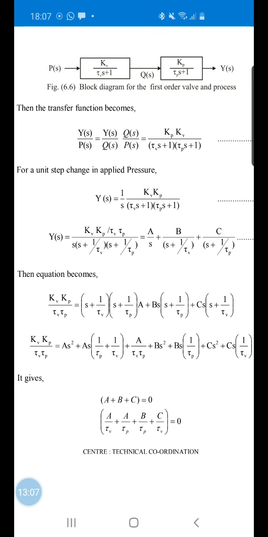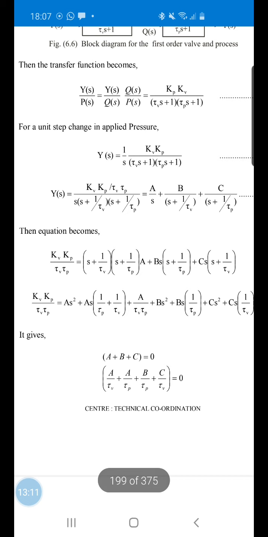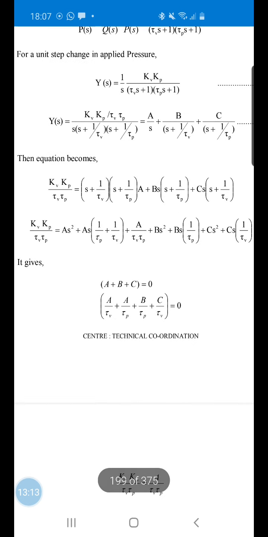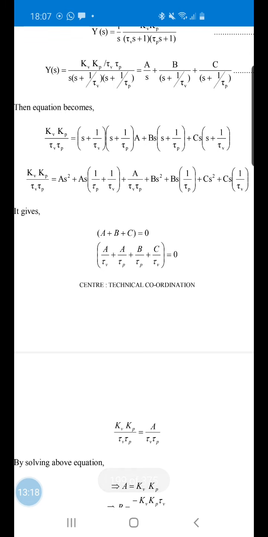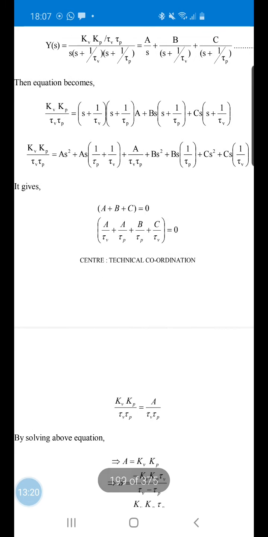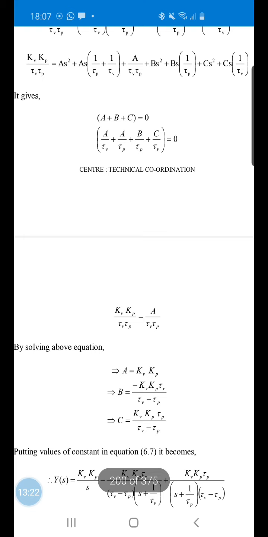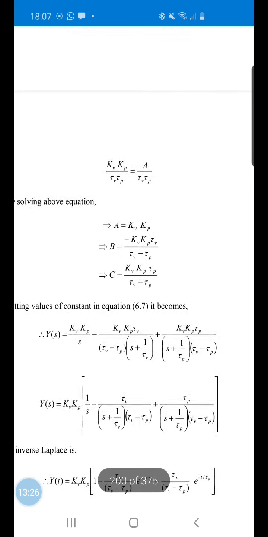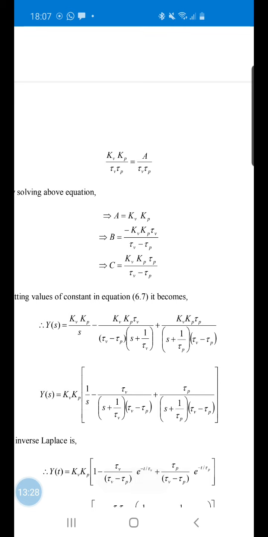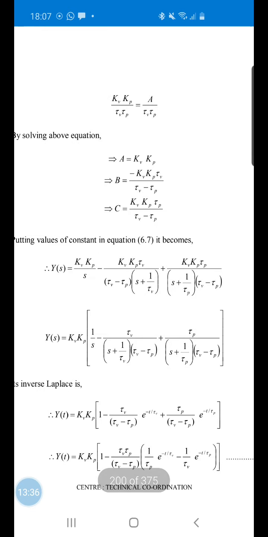You have to introduce the unknown constants a, b and c, write left hand side equal to right hand side, and write the three different equations. Then you have to find the values of a, b and c. So this will be the value of a, b and c. You calculate these values by writing this derivation and put these values in y of s.